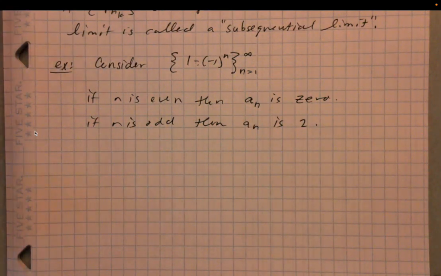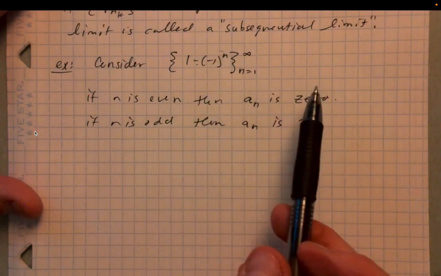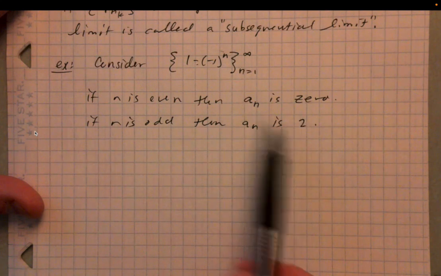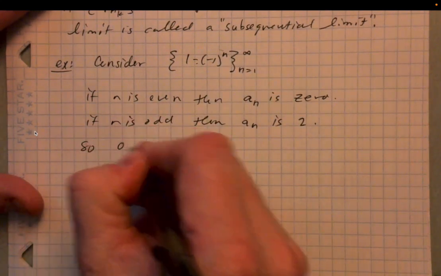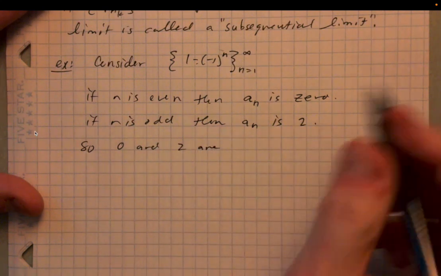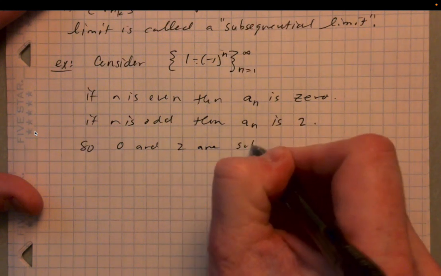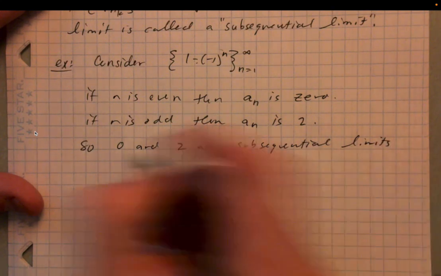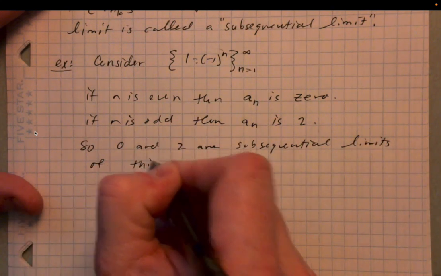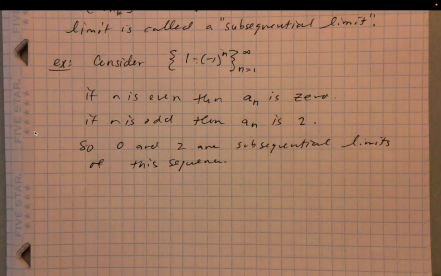Okay, right? So this sequence really just has two options. It's either 0 or it's 2, depending on whether n is even or odd. And so 0 and 2 are subsequential limits of this sequence.